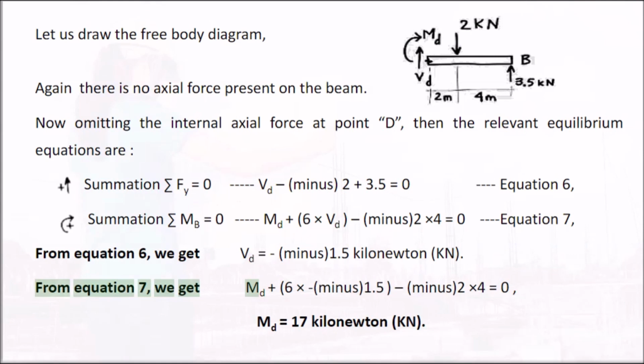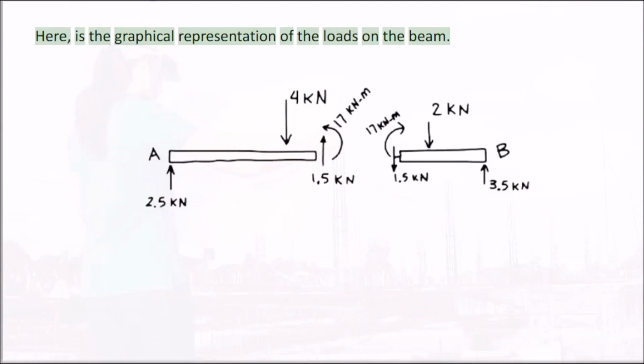From equation 7, we get MD plus 6 times minus 1.5 minus 2 times 4 equals 0, MD equals 17 kN·m. Here is the graphical representation of the loads on the beam.